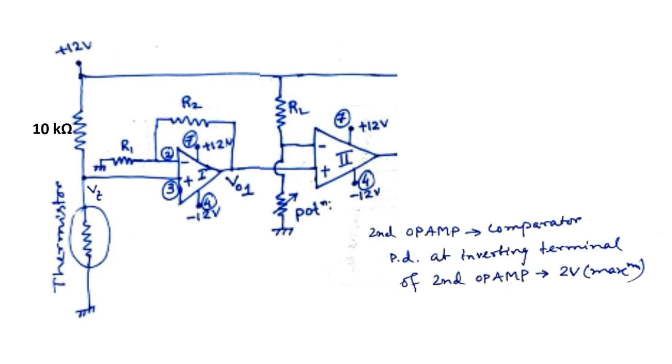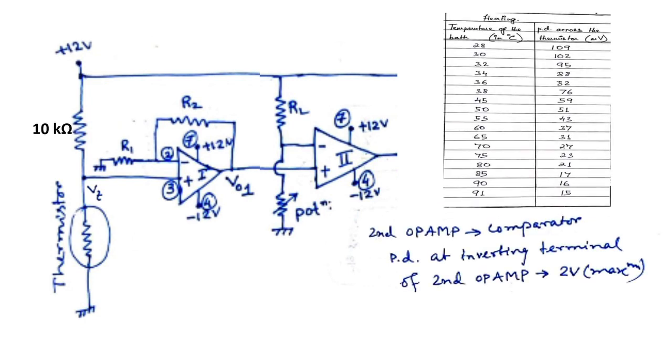Again I am showing that data of the calibration. Just check, the value is around 100 mV, that is the highest value of the potential for the thermistor at room temperature.